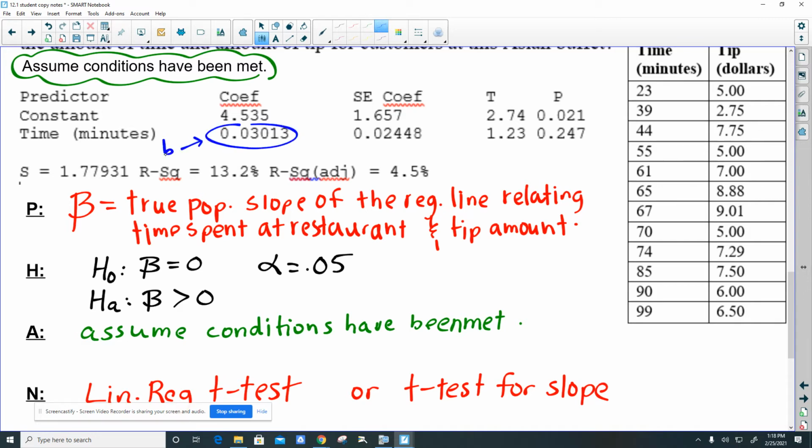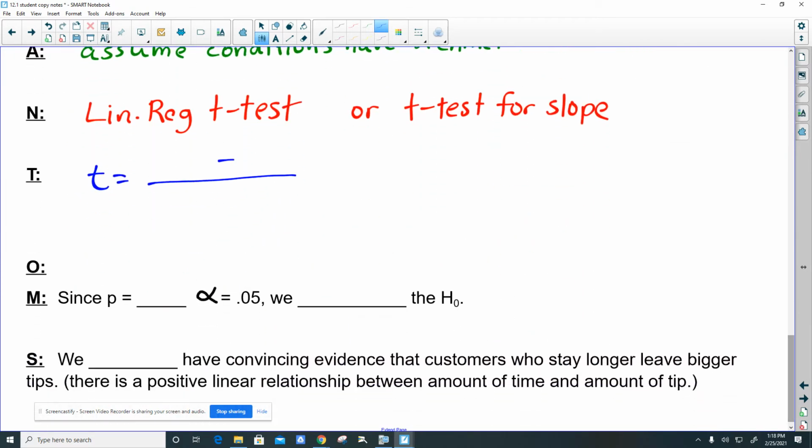That's our b. The standard error of the slope, that would be this value right here. And of course, the hypothesized value, that's a 0. That's always a 0 because we're saying that there is no association between the two variables. So I'm going to go ahead and plug those in here. 0 goes here. Now that gives me a T-score of 1.23.